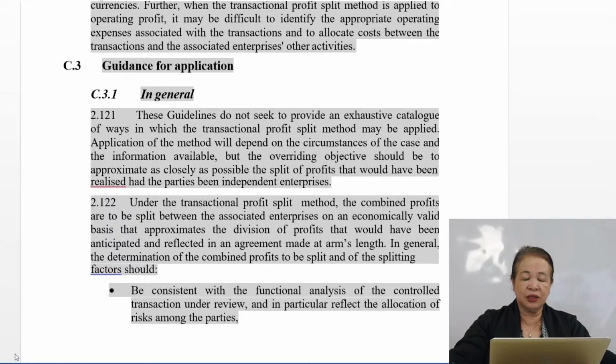So the profits of the related parties or those who belong to the group are combined, and then split based on contribution, on an economically valid basis, so each receives benefits commensurate to its participation or contribution to the group. That is what we call arm's length: whatever is due to its participation goes to it.